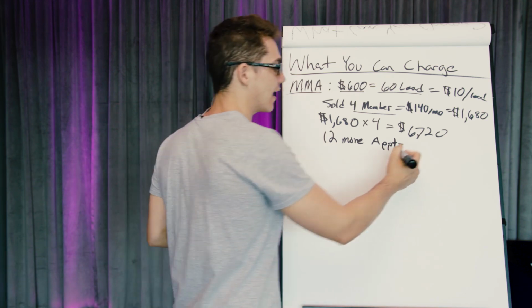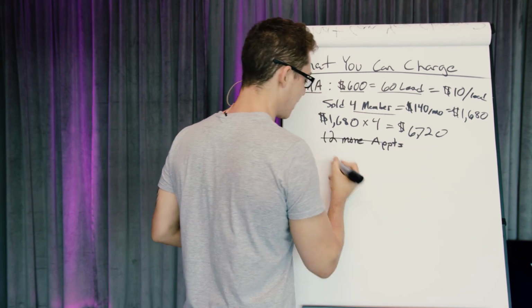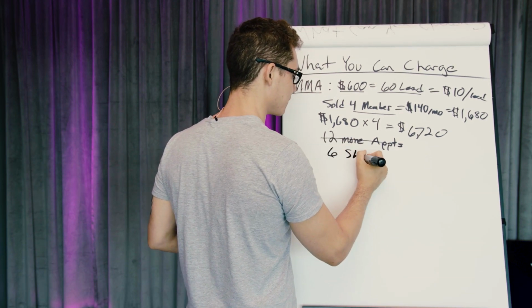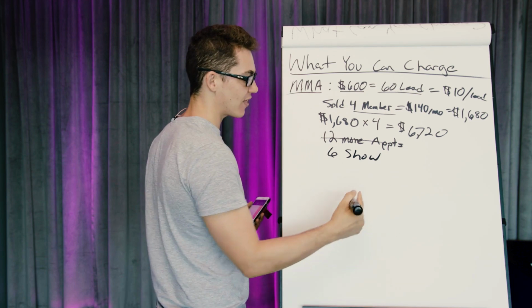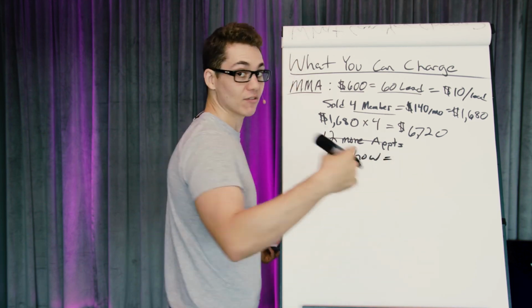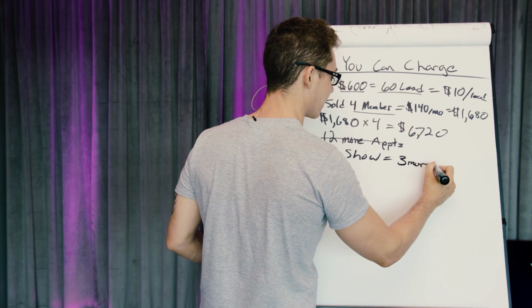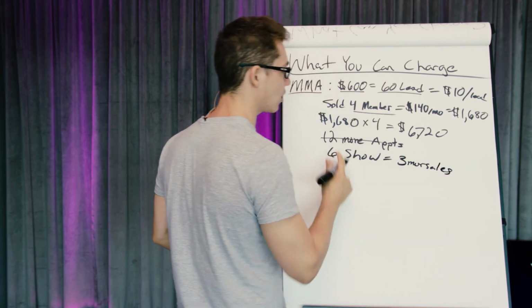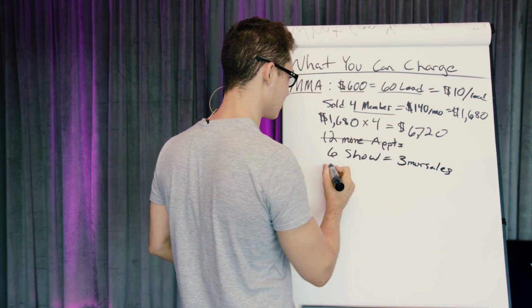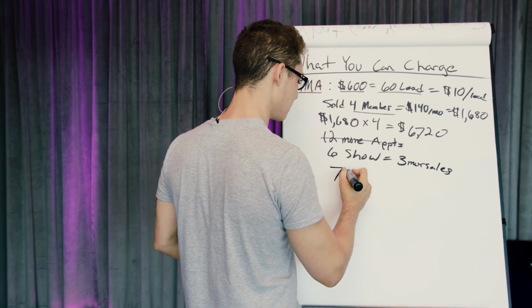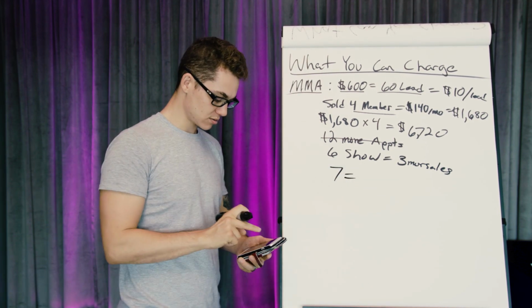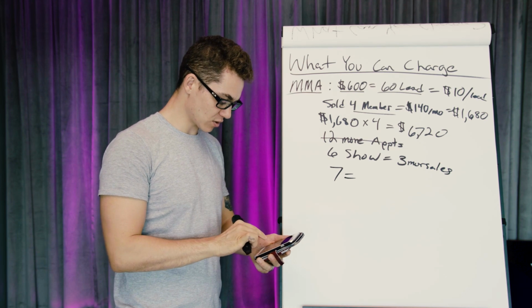So let's say that half of these sign up and 6 people show. So 6 show, and out of that, let's say half of those sign up. That's 3 more sales. That brings a total of 4, 5, 6, 7 sales, being pretty conservative.